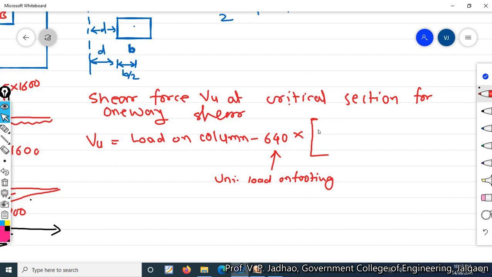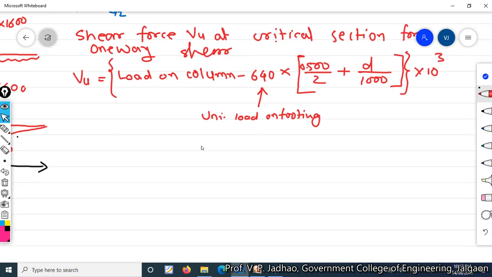That will be 500 divided by 2 plus depth, that is 0.5 divided by 2 plus depth divided by 1000, because we are considering the depth in mm. Multiply this complete value with 10 raised to power 3 to get the value of shear force in Newton.